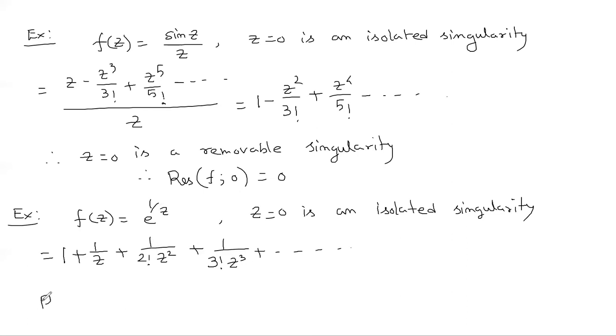So, what is the residue of f at the point 0? We can see that is the coefficient of 1 by (z minus 0), which is equal to 1. So, here the coefficient is 1.